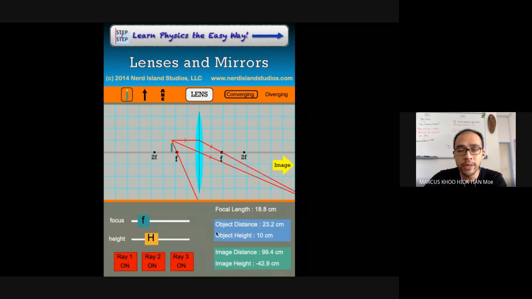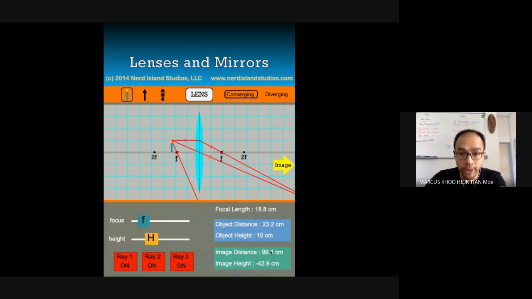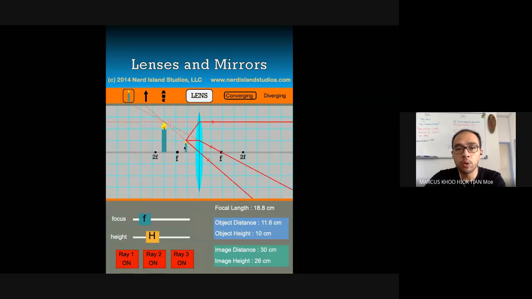I want you to take this value, the object distance, and this value, the image distance, 99.4, for example. But the focal length you have to set, and you need to remember the object must always be beyond f. Don't go less than f, it must be beyond f.